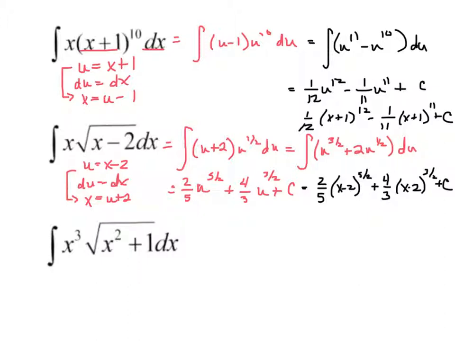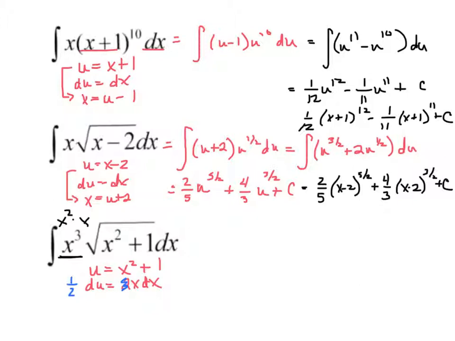Okay, let me start one more. If I make u equal to x squared plus 1, then du is 2x dx. Okay, now take a look at this. This is the first time this is going to happen. 1/2, like that. I've got to split this up into x squared times x.